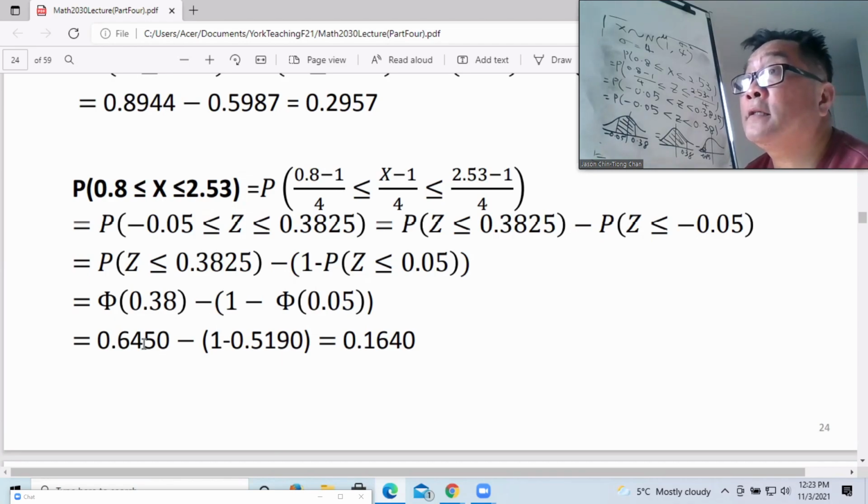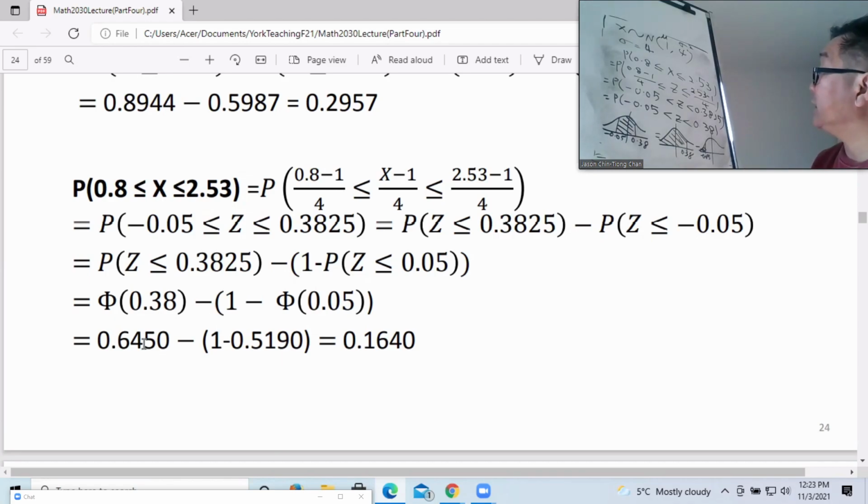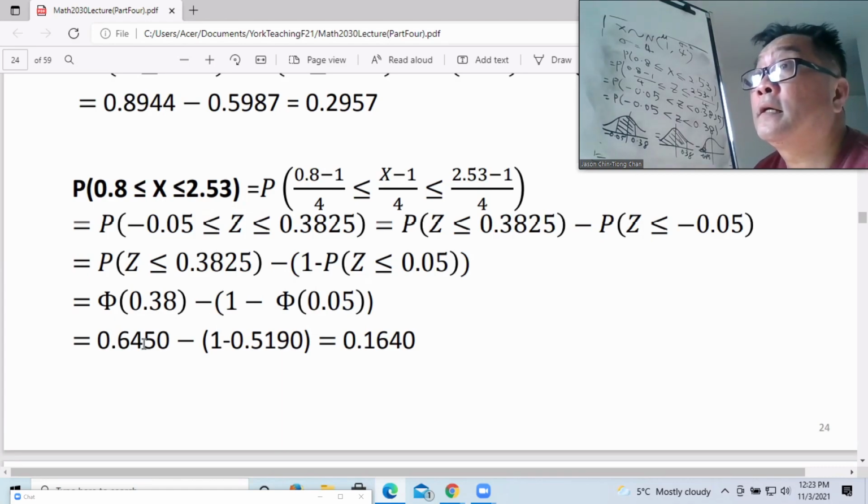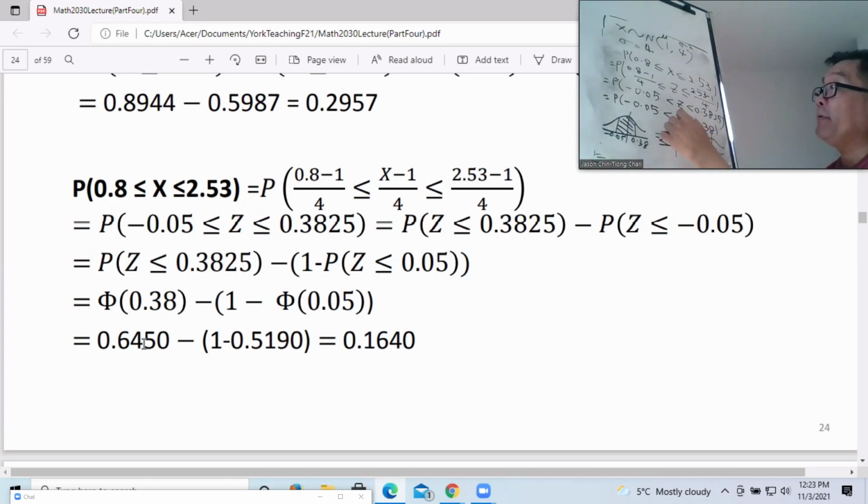We have a minus, where do you get the minus? Oh, there's no problem with your minus. Do you have any problem getting the value from the table?